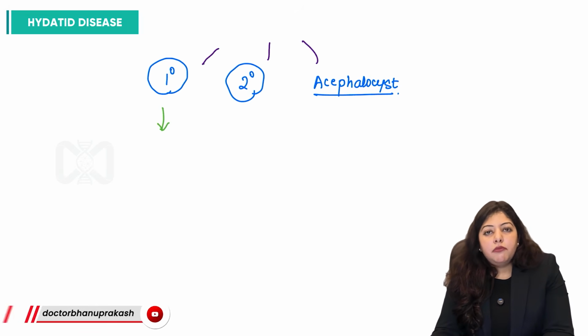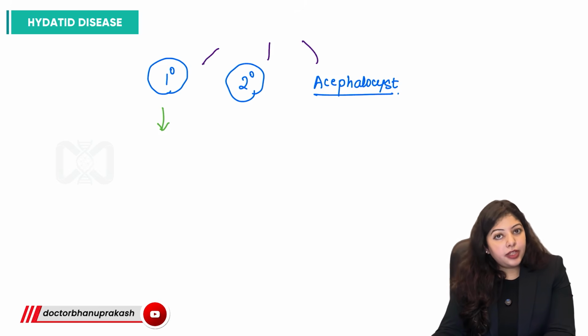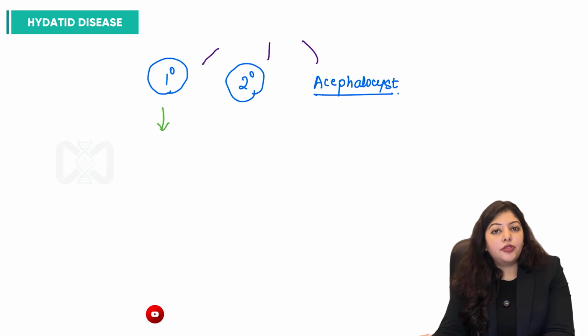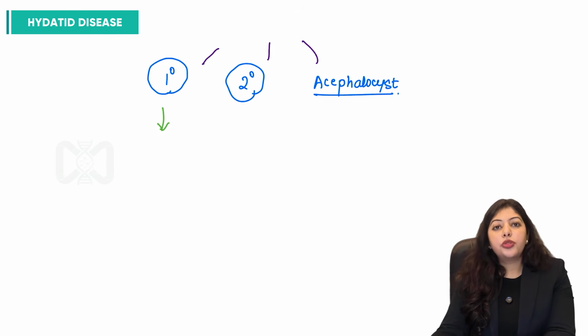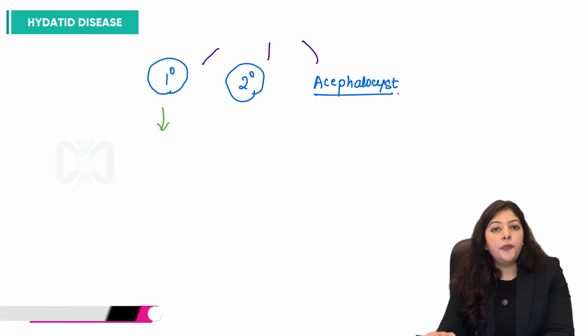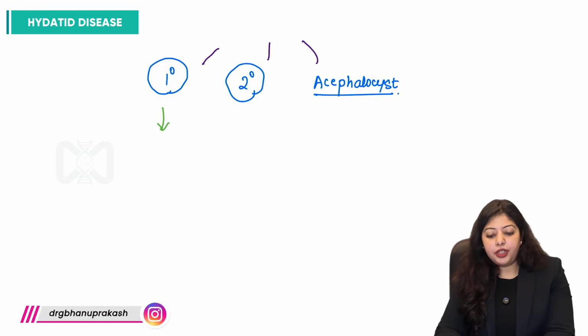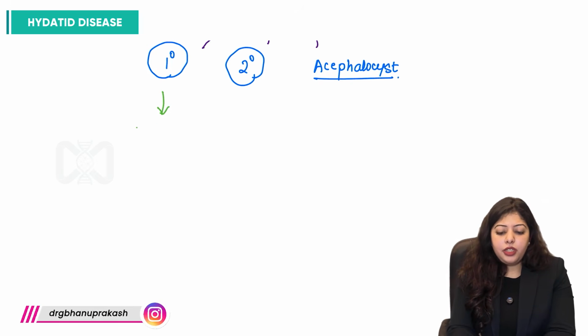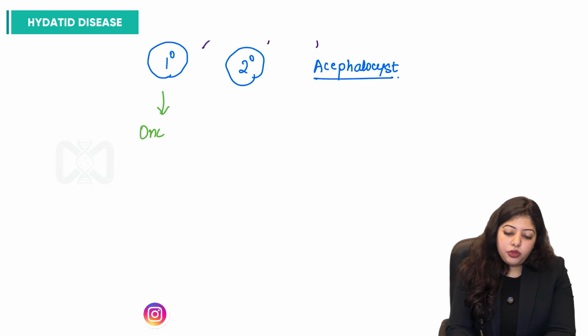It is mostly because the cyst is going to get ruptured, the one that we saw in the life cycle, and the oncosphere is released out, and that oncosphere is going to develop into these fluid-filled cavities. So first is definitely because of the release of the oncosphere.